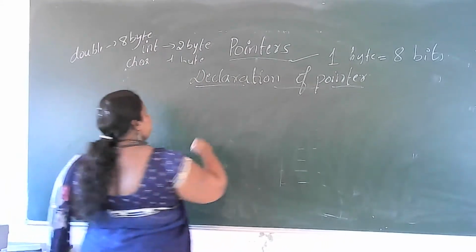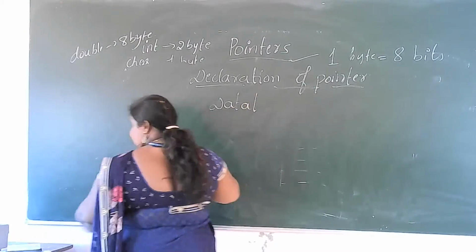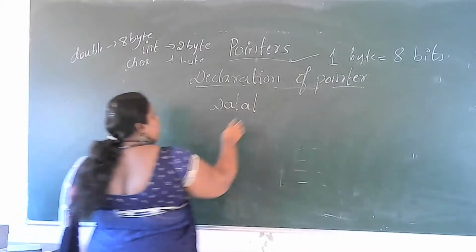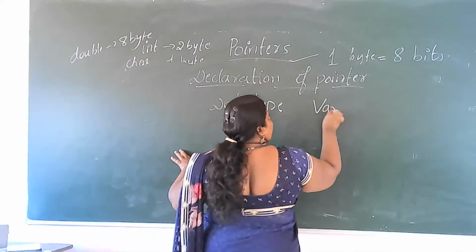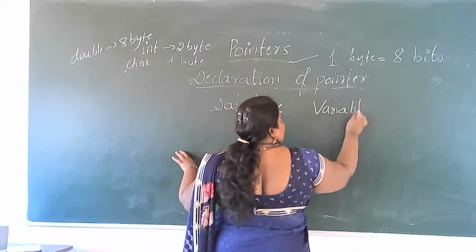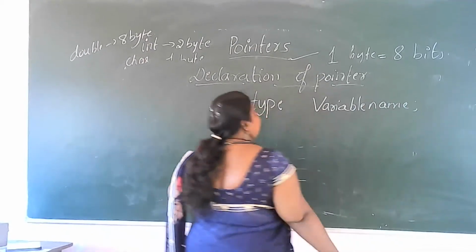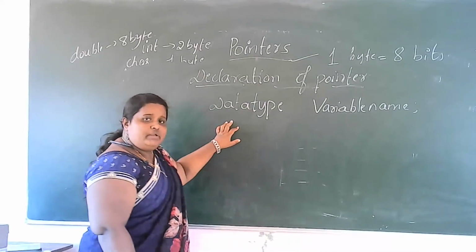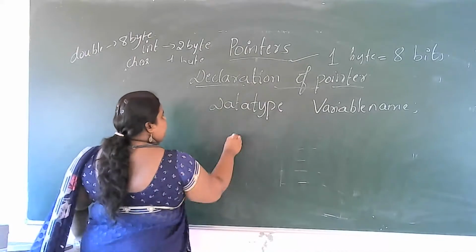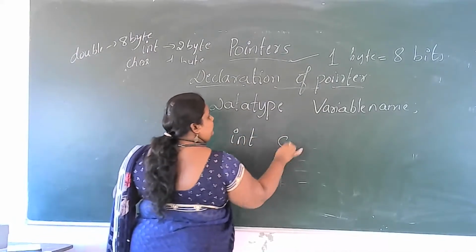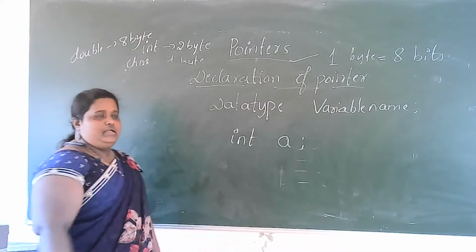How do you declare a normal variable? Data type, then variable name. Example: int a. Here int is the data type, a is the variable name.